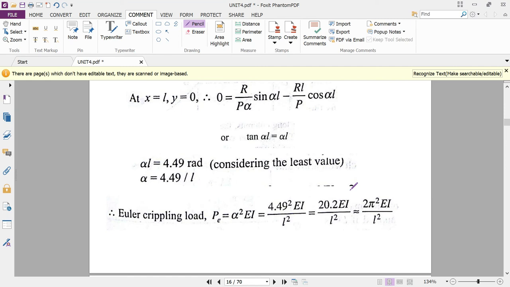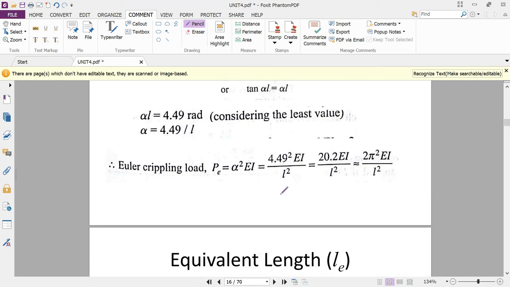That is, one end fixed and other end free, both ends hinged, one fixed one hinged, and both fixed. These cases and their formulas you must understand, because based on that formula only you are expected to solve the numericals.